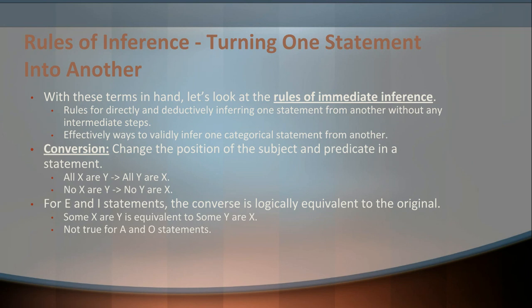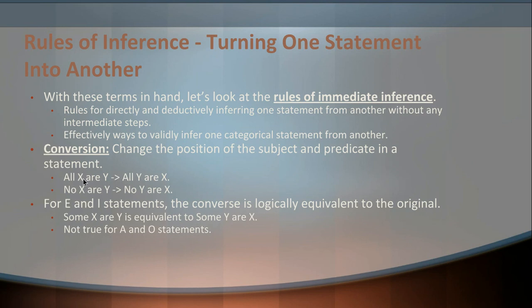You can convert A and O statements. You can flop around the terms just like you do everywhere else. I did these first 2 examples right here. But these 2 statements are not logically equivalent. So A and O statements, this will not produce a logical equivalent. The fact that all squares are rectangles is not equivalent to the statement that all rectangles are squares.